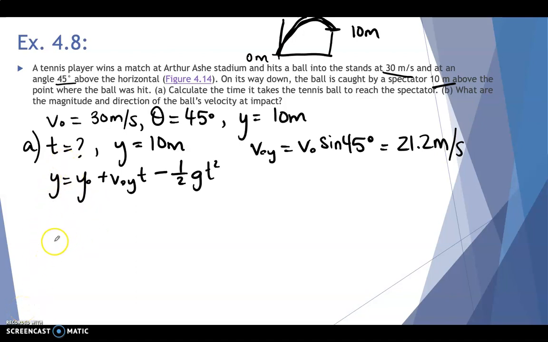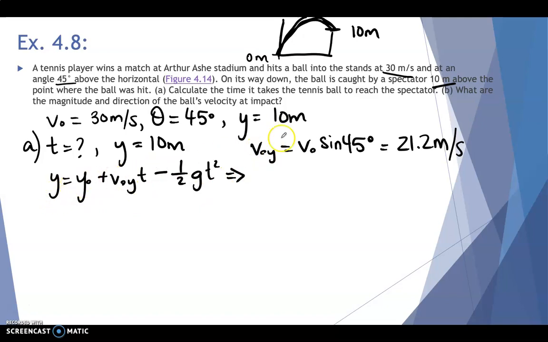Continuing example 4.8, we just started looking at part A of this problem. So we need to go ahead and plug in for this equation here.